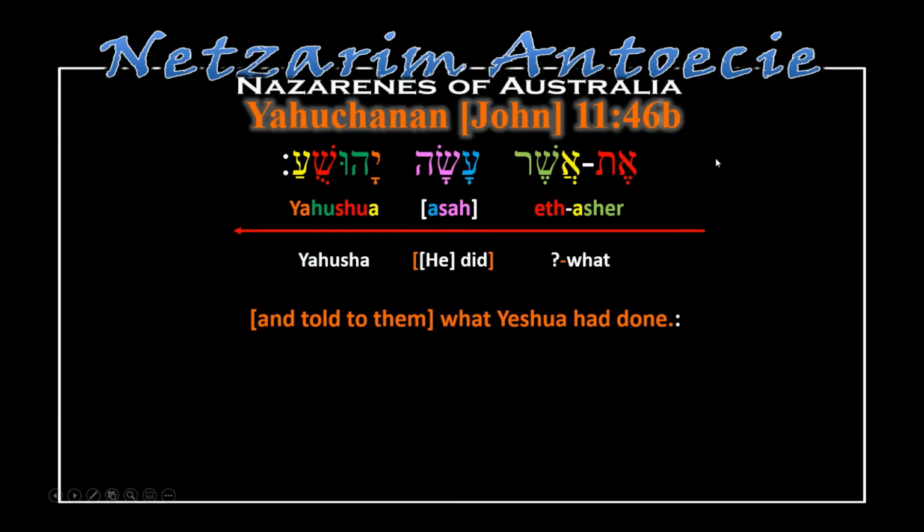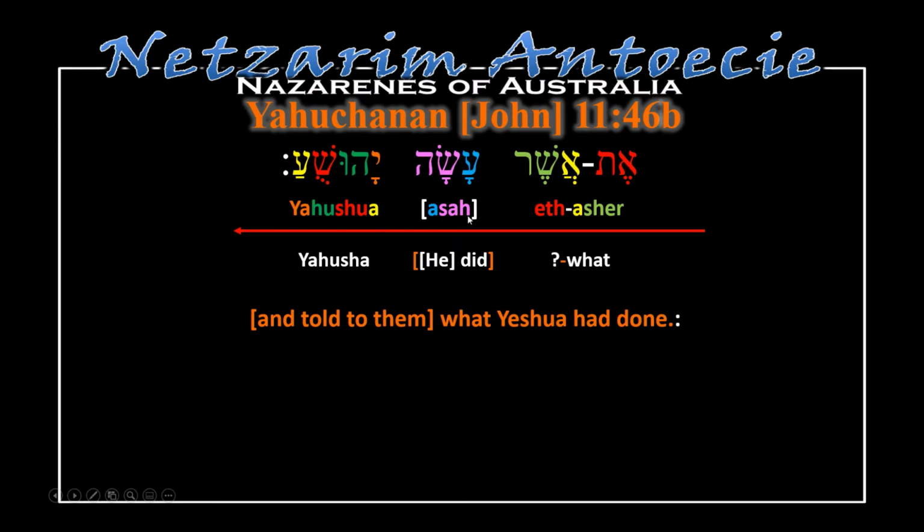And now we have 46b, and it's an aleph, a tav, an aleph, a shin, a resh, an ayin, a sin, a hey, a yod, hey, vav, shin, and ayin. And it is et, grammar marker. Asher, what? So they told what? It's got a grammar marker with it. Asa.